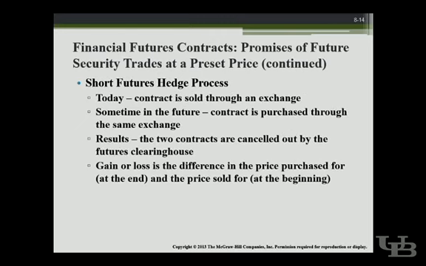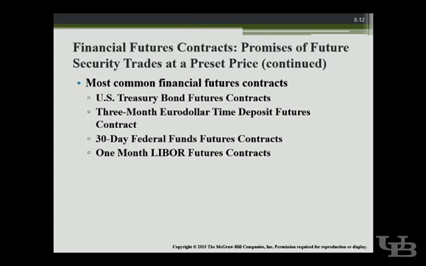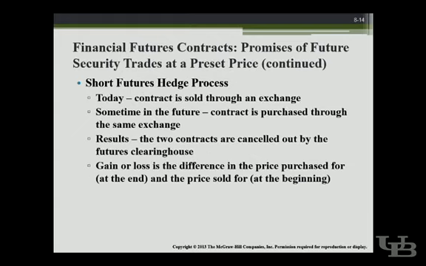A short futures contract is associated with an expected rise in interest rates. So if interest rates rise, the value of the futures contract will fall. Again, if interest rates rise, the values of these securities will fall. In the case of the short futures hedge, one institution will buy a contract today when rates are low.